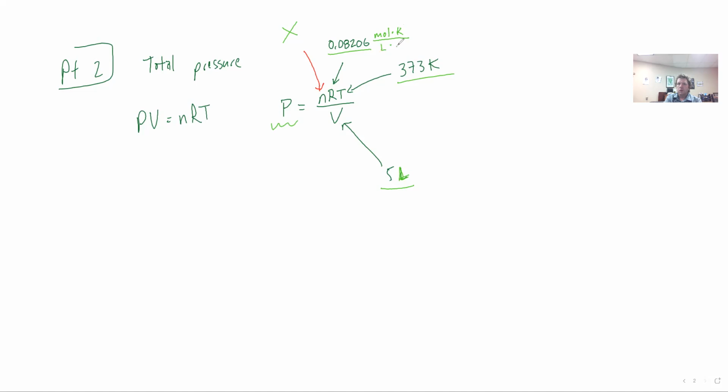So when you plug all those values in against these units right here, you're going to be left with only one unit. I hope that makes sense, and I hope you can deduce what your units are.